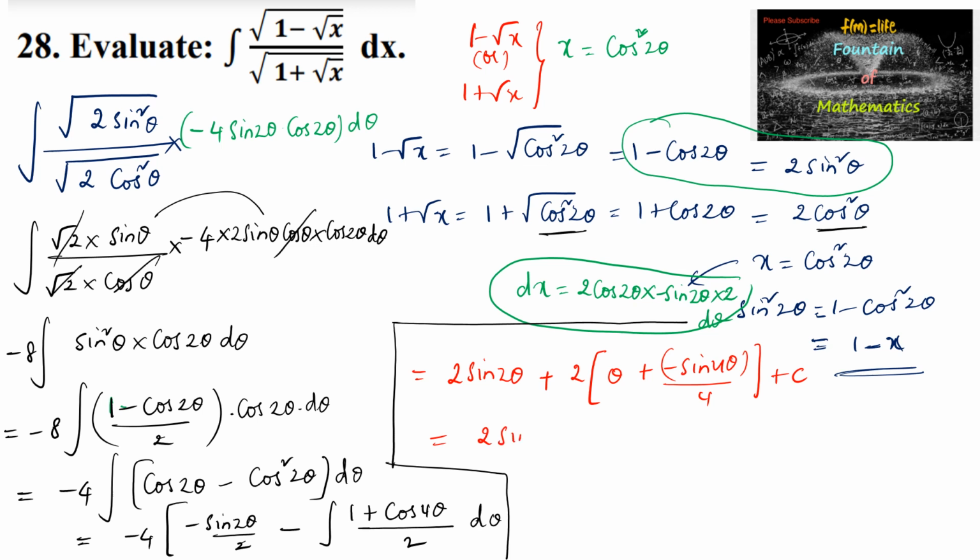That is 2 times sine 2 theta plus 2 theta minus 1 upon 2 sine 4 theta plus c.